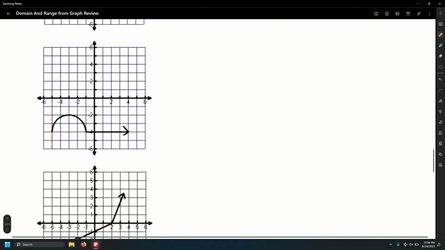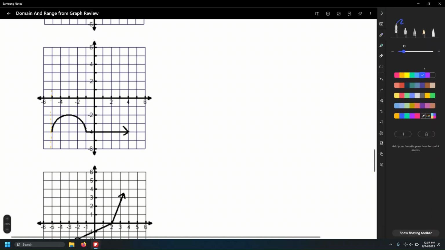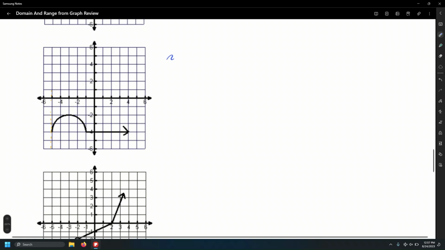I noticed some of you have the 4 as the upper endpoint. That could be a little bit misleading. Keep in mind that this is an arrow that indicates it's going on forever. So in this case, what we want to do here is the domain using interval notation.